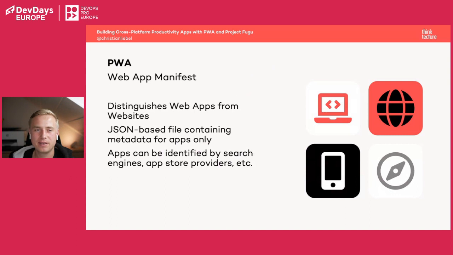That means this helps us distinguish a web app from a website. It's nothing really special. It's just a JSON file that you add to a website that is meant to be used as a PWA. And this file can then be used by a browser, for example, to determine whether this application should be installable or not.